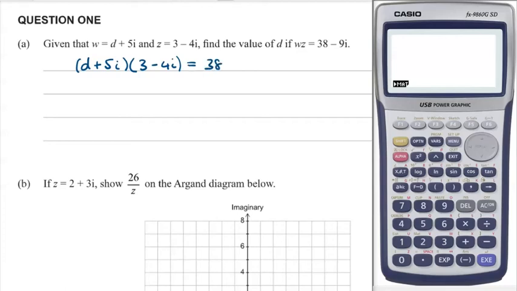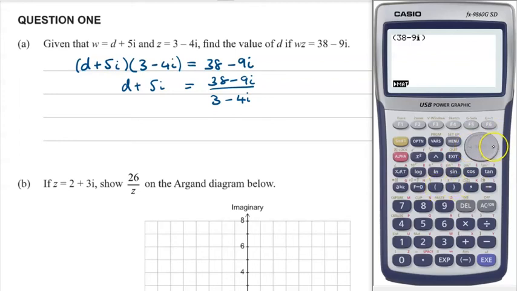makes 38 minus 9i. Now, if two things are multiplied together, then if we can do a division, that makes things a bit easier. You could multiply out the brackets, but doing this division is a little more straightforward, especially when you have the calculator. So if we take 38 minus 9i, we need some brackets there as well.